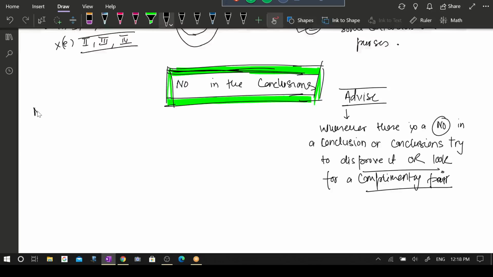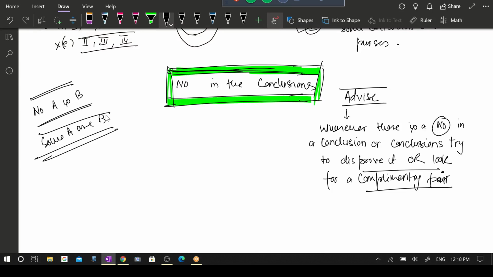So "no A is B" in a conclusion with "some A is B", they are called complementary pairs. Your answer would be either this or this.